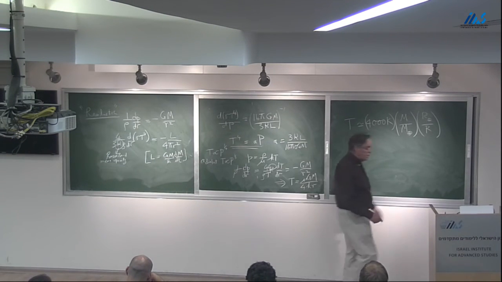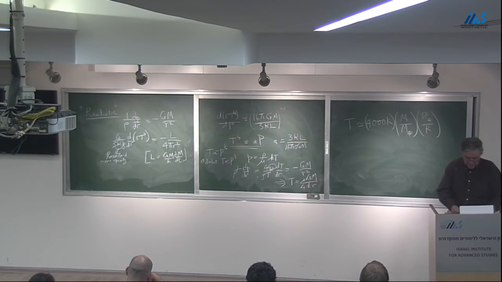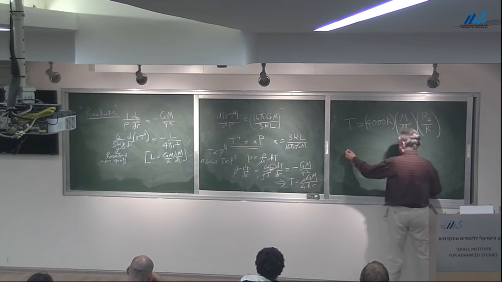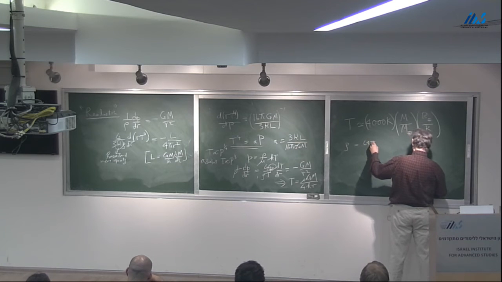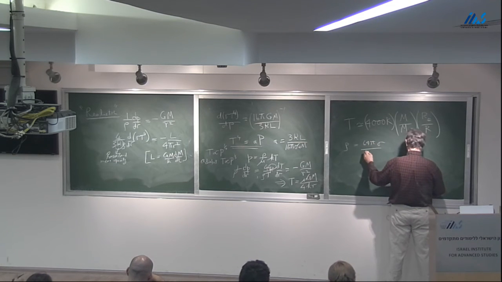The density, of course, depends on the opacity. And if you work it out, the density is, I'm not going to use all these horrible constants, but anyway, I'll just write it down once.